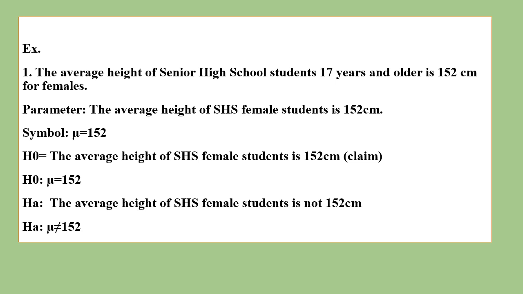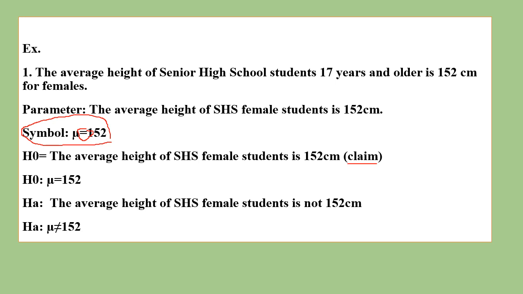Based on the symbol, we can already identify which hypothesis it is. Since it is an equal symbol, it is a null hypothesis. Inward, we have here H sub O is equal to the height: the average height of senior high school female students is 152 cm. So this is our claim.